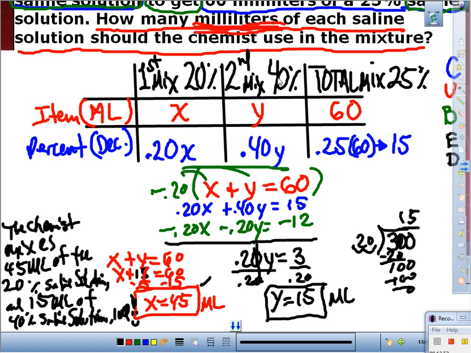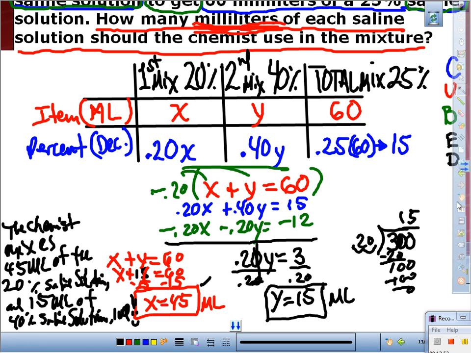For the columns, the first column is the first mixture. You put the percent, second mixture, the percent, and the total mixture, the percent. Since we didn't know the milliliters for the first mixture, we wrote X. Since we didn't know the milliliters for the second, we wrote Y. But we did have the total milliliters for the total, which is 60.